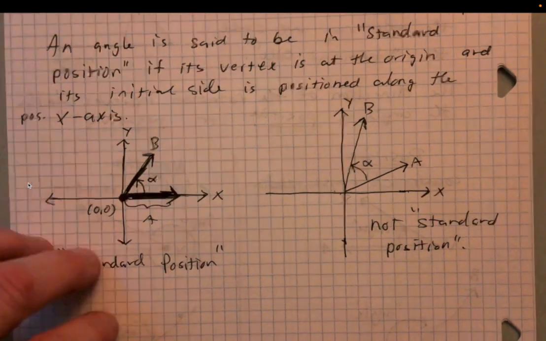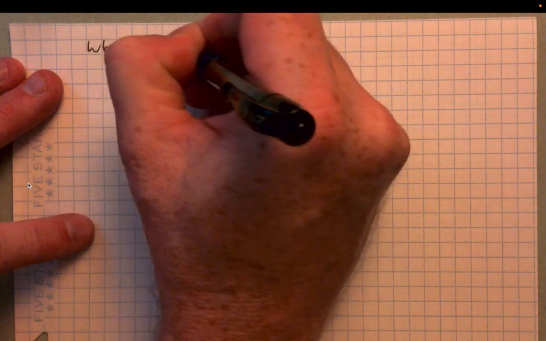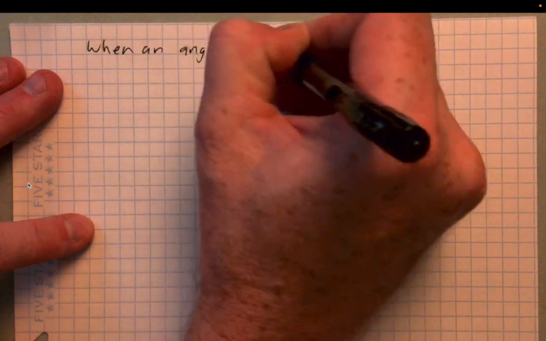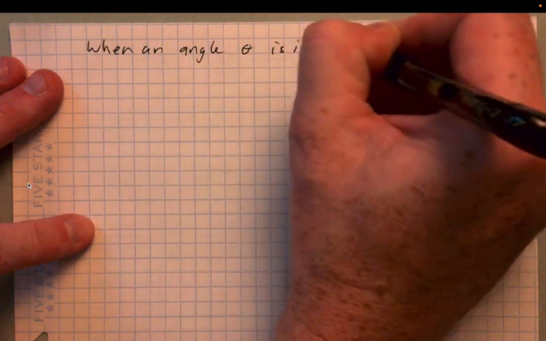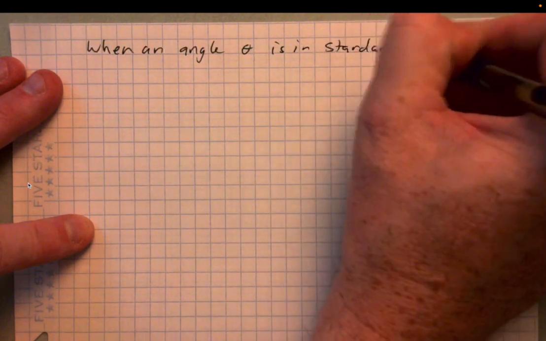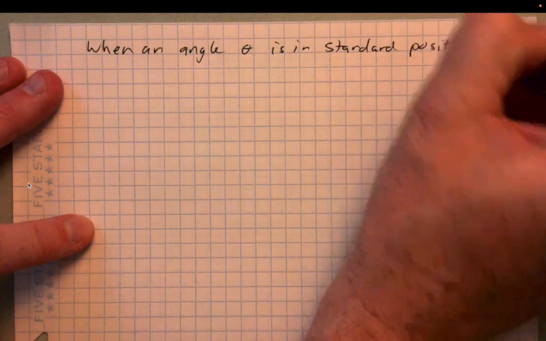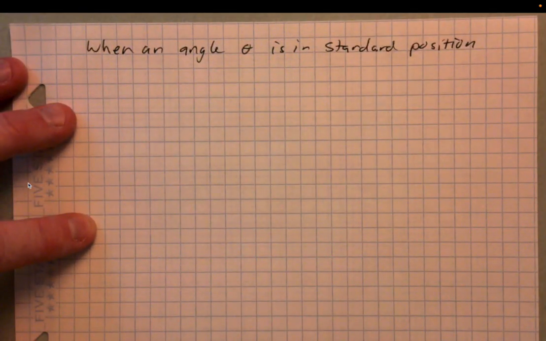Okay. The next idea is kind of simple. It's just a classification system. When an angle theta is in standard position, really two possibilities can exist.